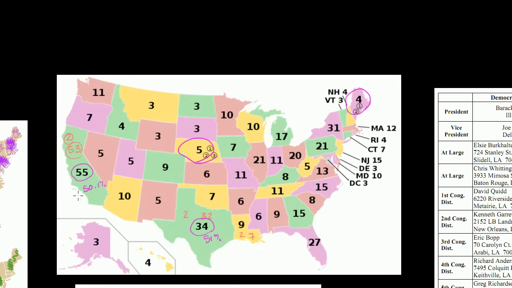And in actuality, the president is whoever gets the majority of the electoral votes in the United States. Right now, that threshold, or that magic number, is 270 electoral college votes.